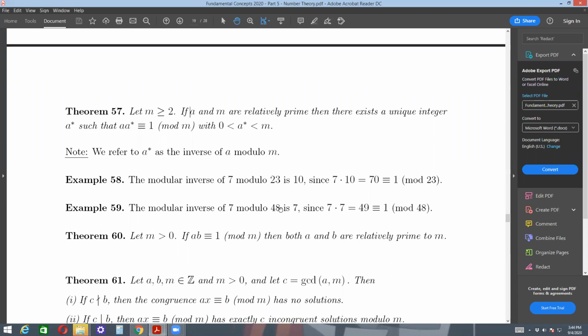Similarly, if you consider mod 48, 7 is a self-inverse. 7 times 7 is 49, which is 1 mod 48. Now, a useful thing to note when you're working with inverses: anytime you get a number that's bigger than the modulus, just reduce it to something smaller, because it's usually easier to work with. That could easily be done by subtraction, or sometimes you might have to add to bring it up.